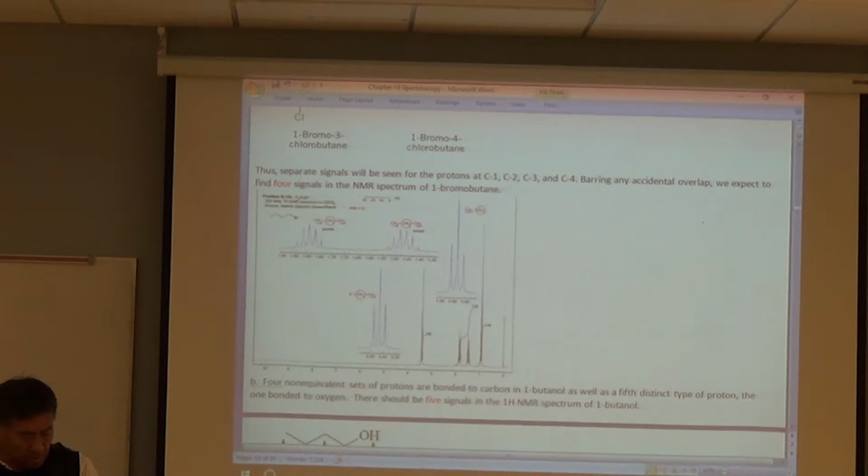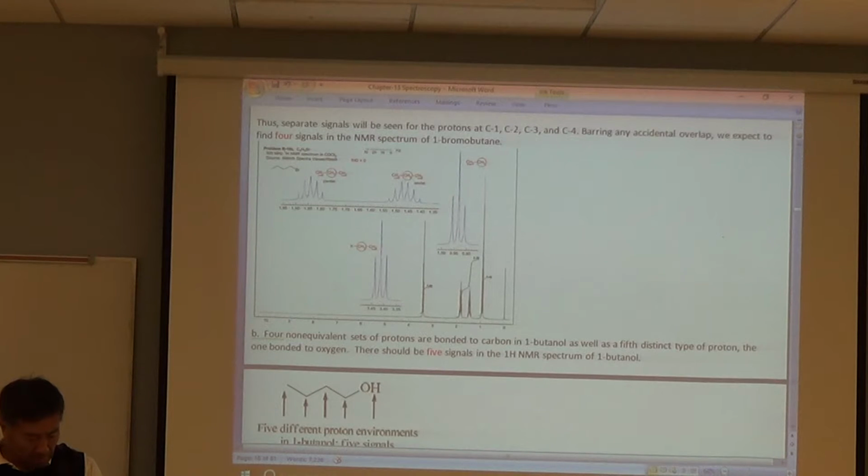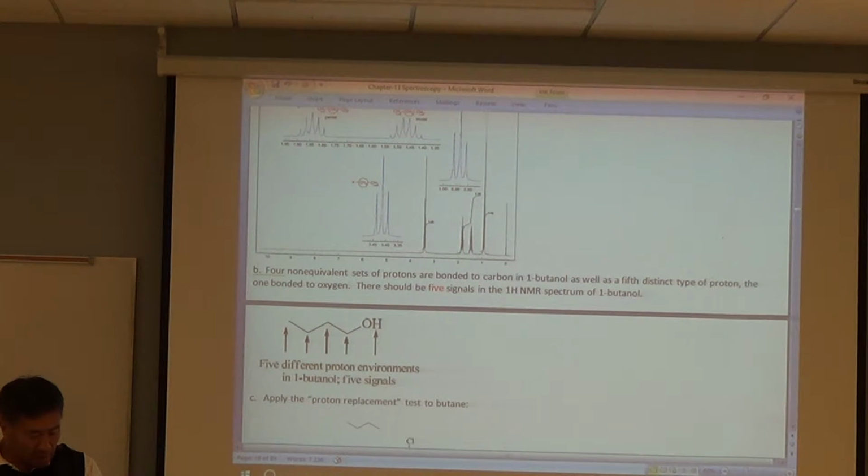So I think this is the real spectrum for 1-bromobutane, and you can take a look and see that it matches what we said. Similar for this one.